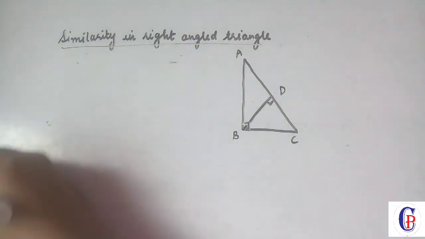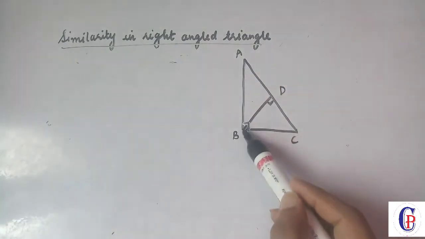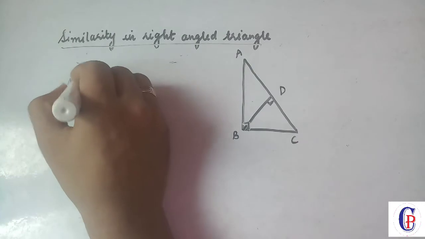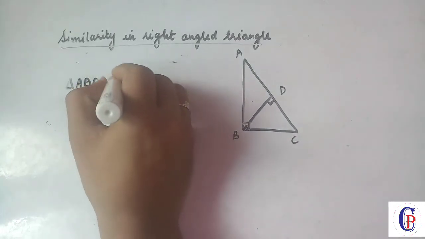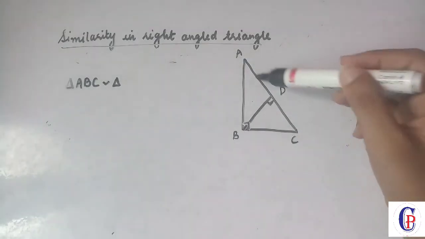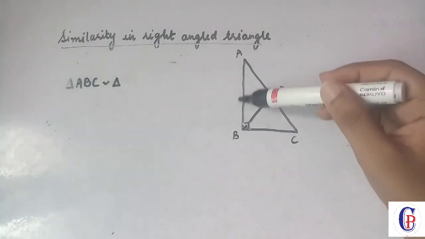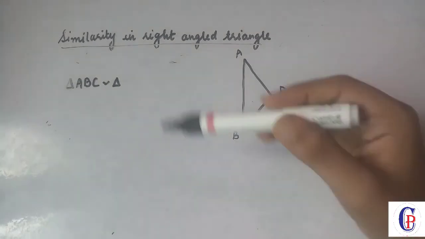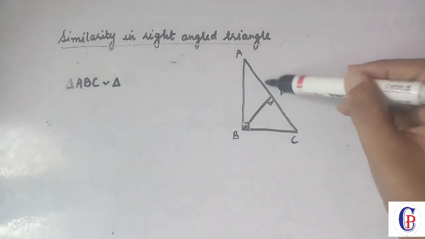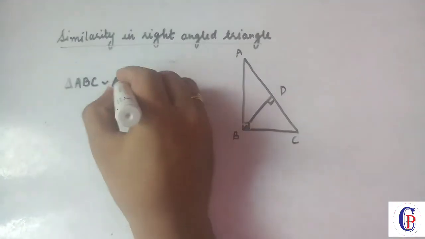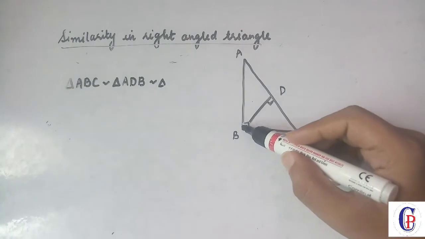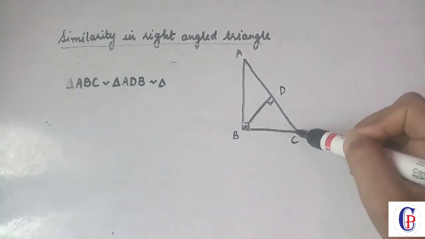Then what will you write? You will write triangle ABC is similar to triangle ADB. You started from ABC, now go to the start and write ADB, similar to triangle. Now we have stopped at B, so you will take BDC.